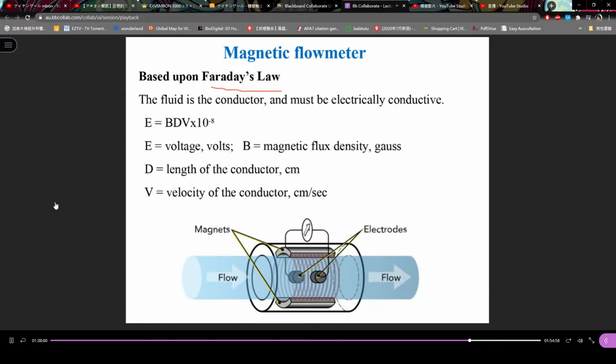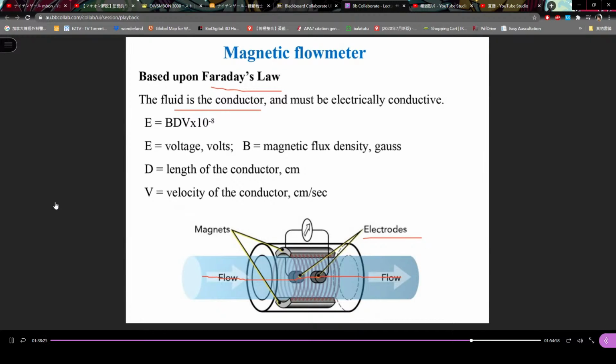The fluid is a conductor, a light conductor, not like metal or copper. So the fluid is a conductor inside, not pure water. And we have a coil here, which we call electrodes.